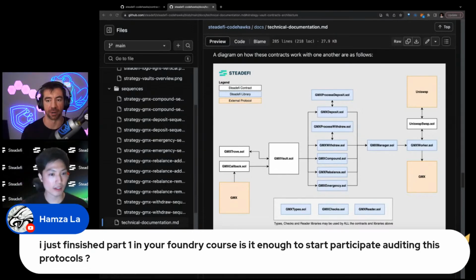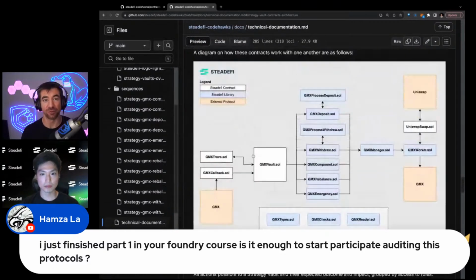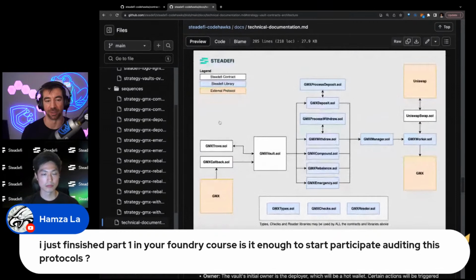We talk about how to run some of these fuzz tests and invariant tests, and what good code smells like, which can be really helpful, because if you read some code that just doesn't feel right, it doesn't seem like it follows good design principles, that can be a red flag, and maybe you go down that rabbit hole and you find a bug because of that. So the answer is you can always jump in, but I would recommend you keep going.